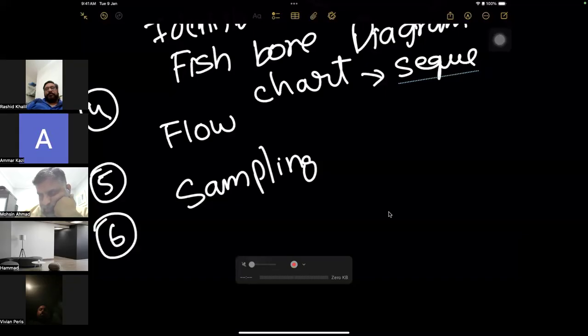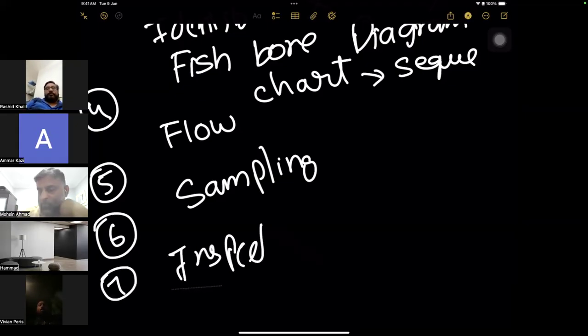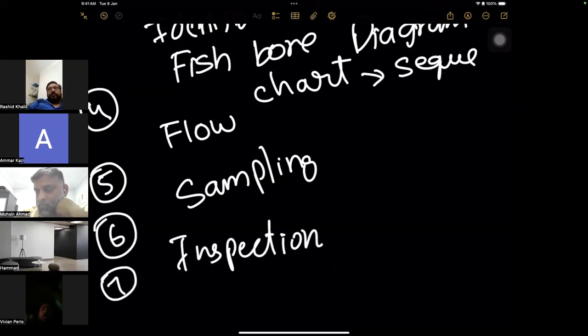With sampling, we identify a sample. What is inspection? We go and check something.